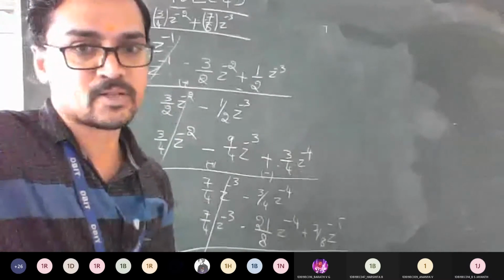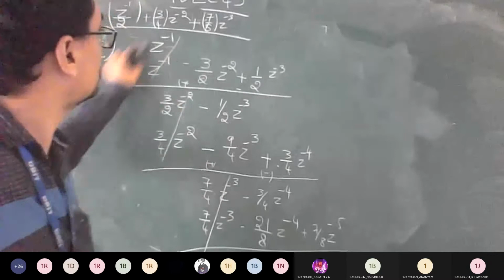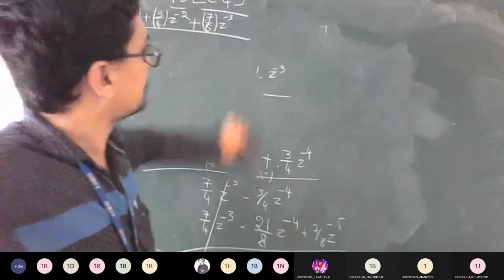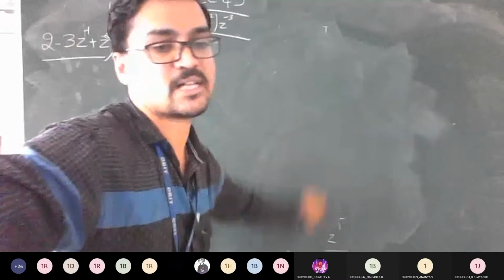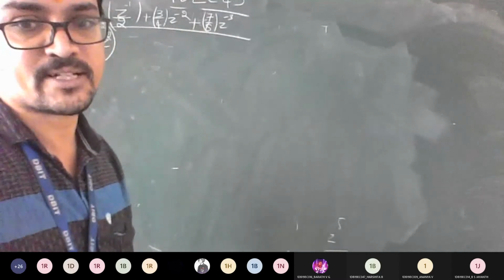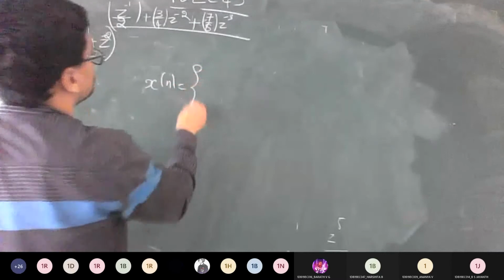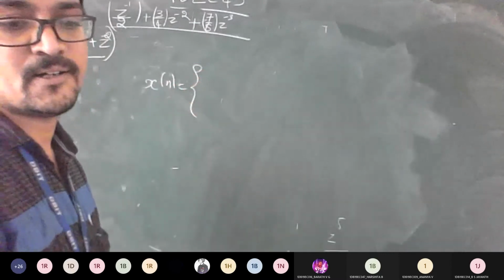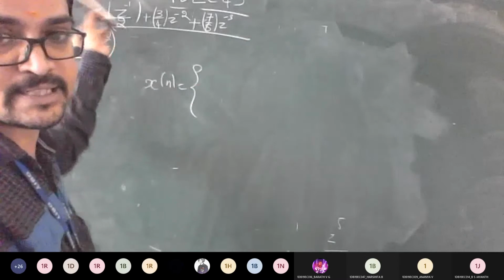Yes, sir. Good. So you can conclude the answer. So this will be your answer. If you represent that in x of n form, just write the coefficient in x of n. So you can get the coefficient, that's all, nothing else. So x of n will be equal to, see, behind this z power minus 1, nothing is there.